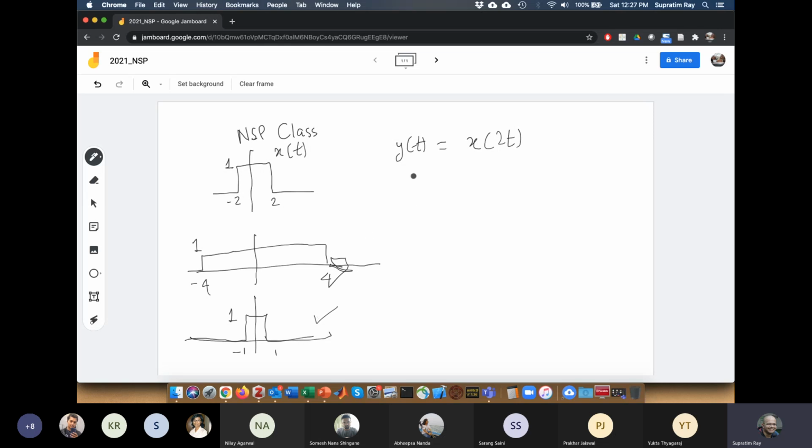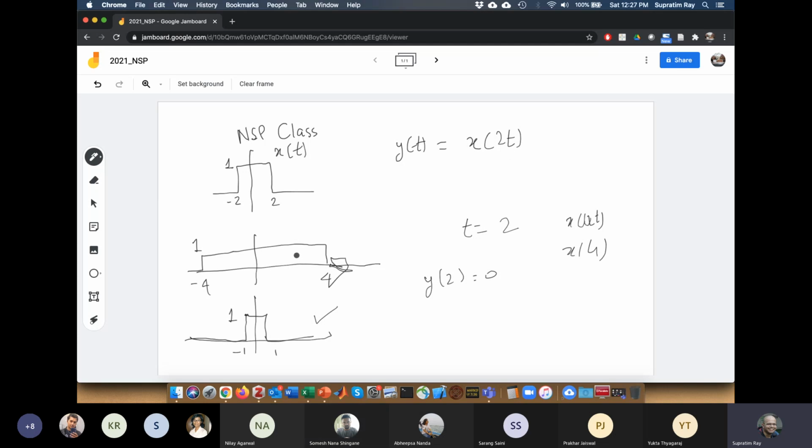And it's not very hard to see because when t is -1, then x of 2t is just x of -2, which is 1, right? So it becomes 1 here, and when t is equal to 2, then x of 2t is just x of 4, but x of 4 is 0, right? So y of 2 is going to be 0 because y of 2 is equal to x of 4, which is 0.